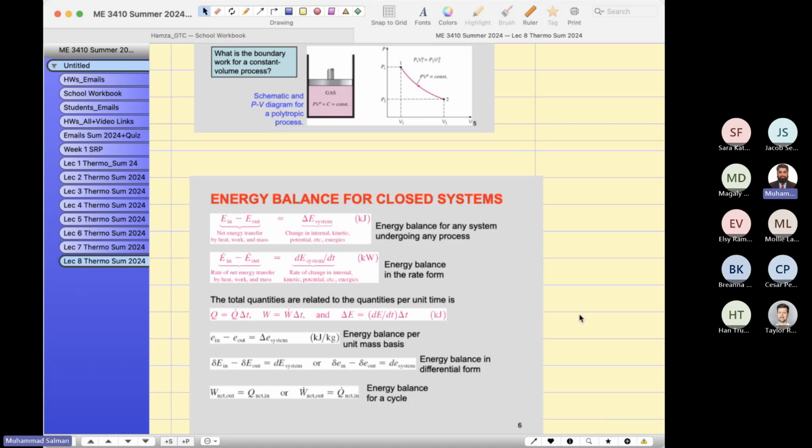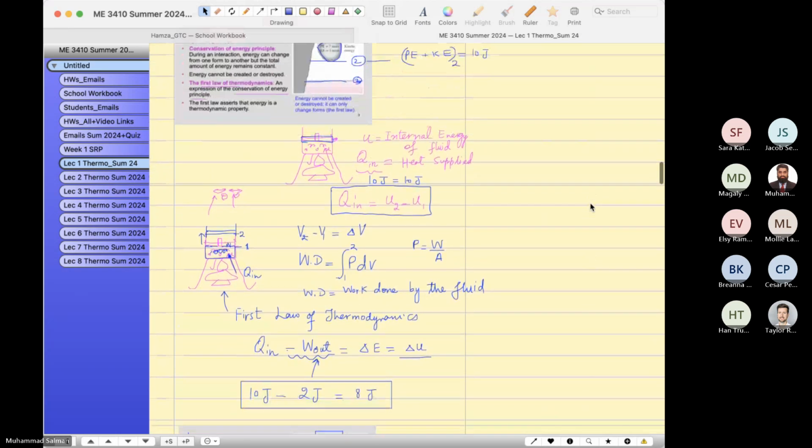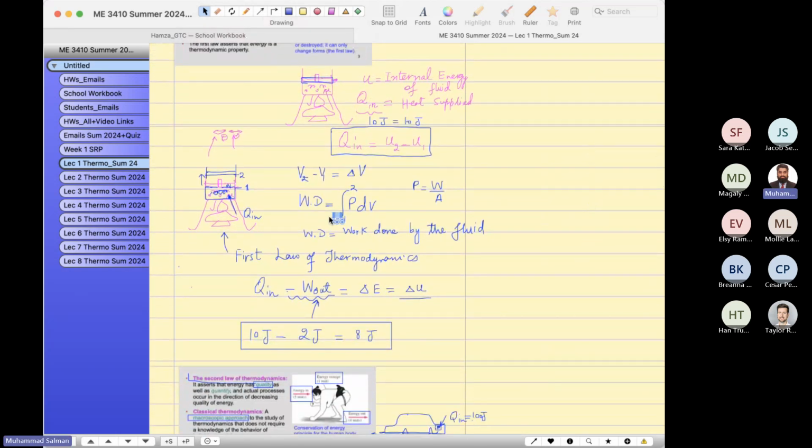So I would say you can use this equation. And I've been explaining this from the very beginning. If we go to the first lecture, this is the first equation. I wrote down the first law in the first lecture.